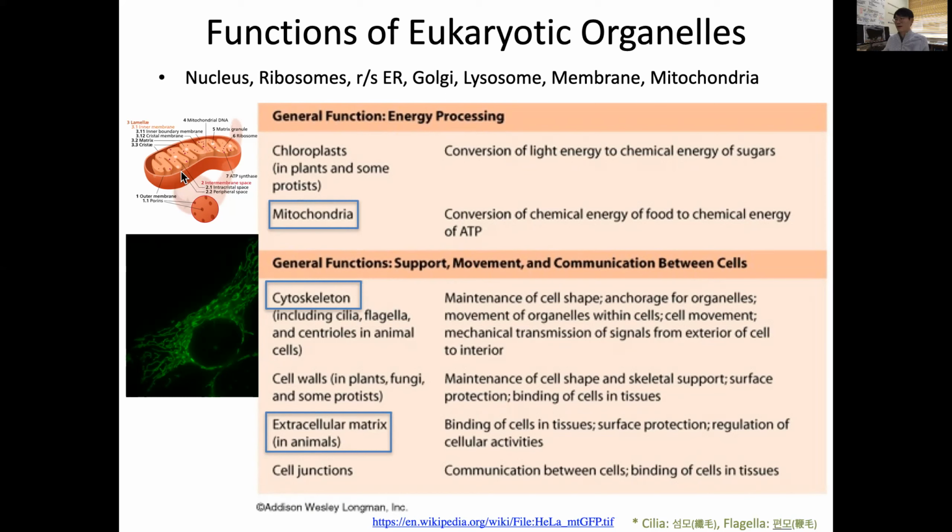So I put in another, more realistic microscopic figure of mitochondria. Look at this, the mitochondria are actually pretty long and dispersed. And in fact, this is a very dynamic organelle. And another function supports movement and communication between cells. That organelle is the cytoskeleton, or extracellular matrix in animals.